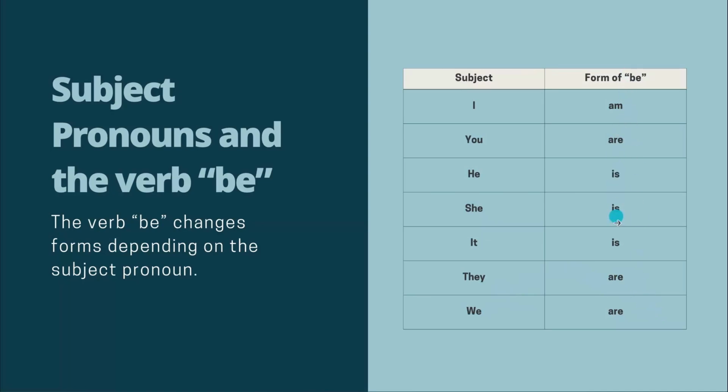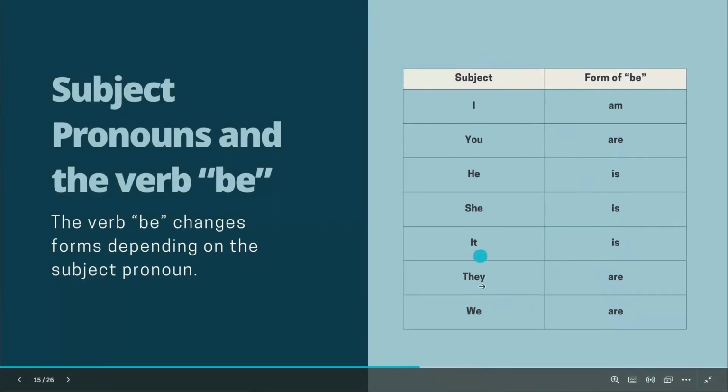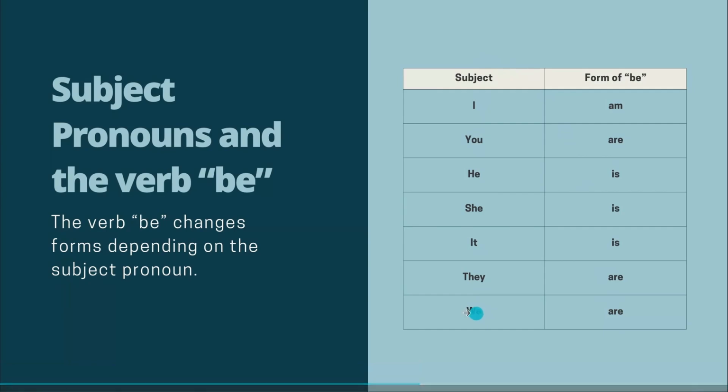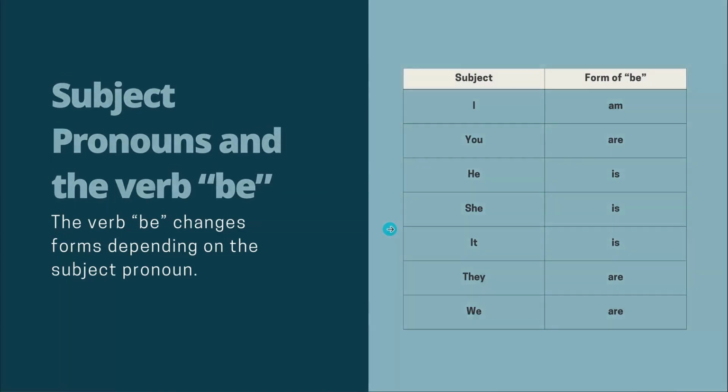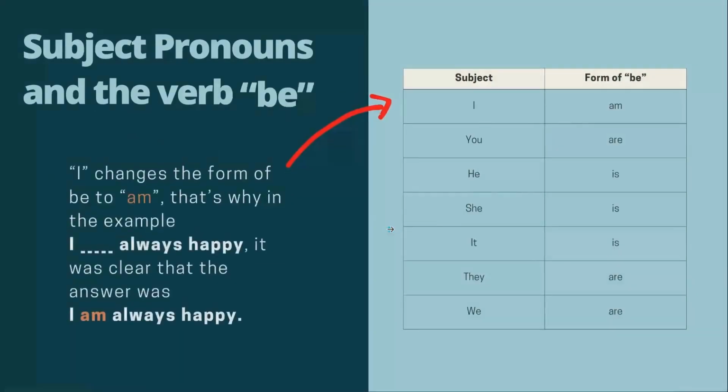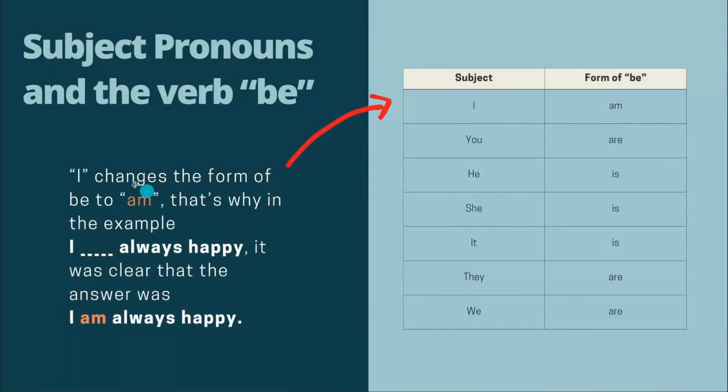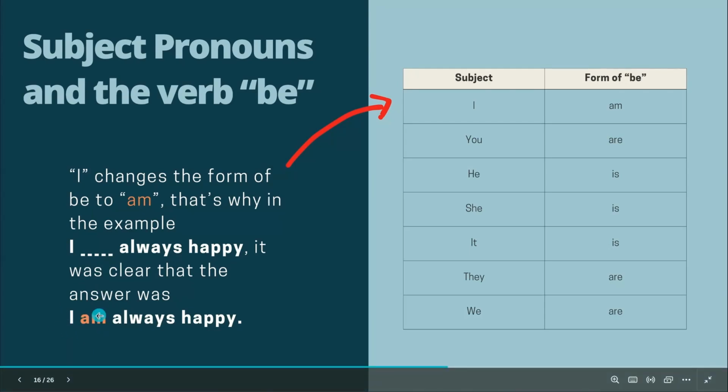So these are the forms of be that we use with these subjects. Now, you can look at this and find out what pronoun can I use, but it's not always going to work. So we know that in the case that we looked at before, I has the form am. And that's why in the example, I am always happy, it was clear that the answer is I am always happy. And we have I first and then am.